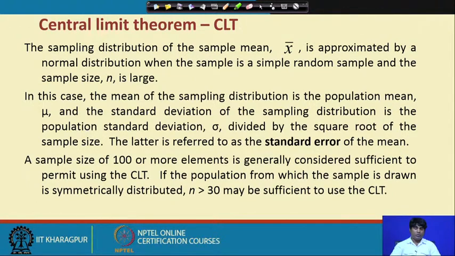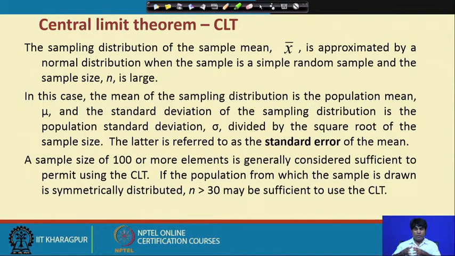The central limit theorem, what is called CLT, says that if you increase the sample size indefinitely, then the particular distribution will follow a normal distribution. For clarity, most distributions will converge to a normal distribution once you increase the sample size indefinitely until you reach that requirement.